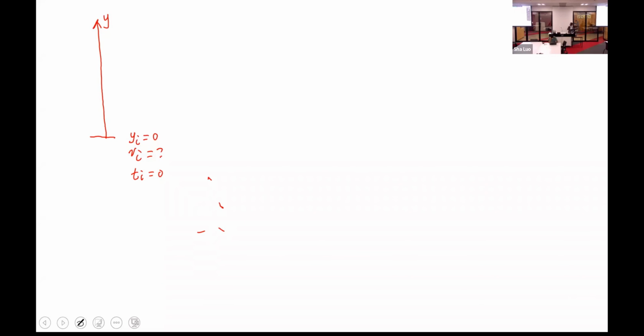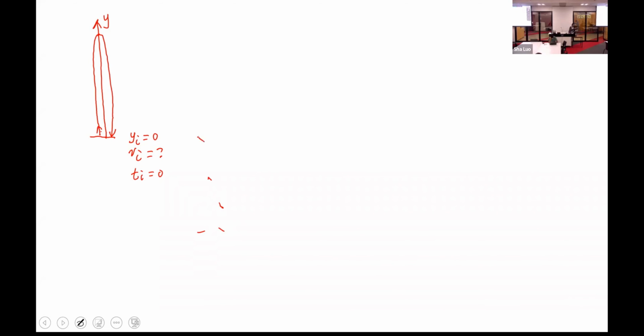Okay, if this is a free fall, what will happen? The key will go up and reach the position here, v equals 0, and then come down. So this is the free fall motion. And we don't know what happens, okay?